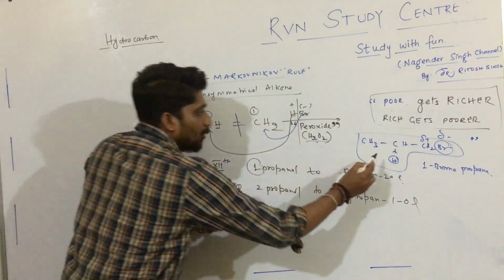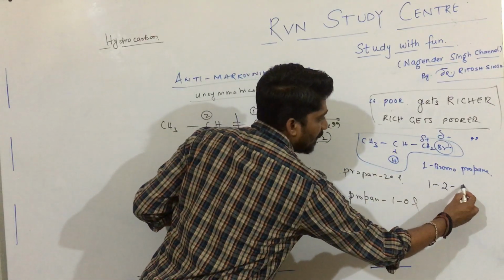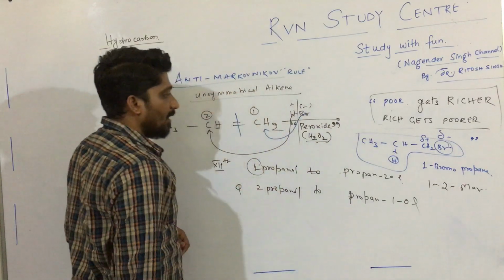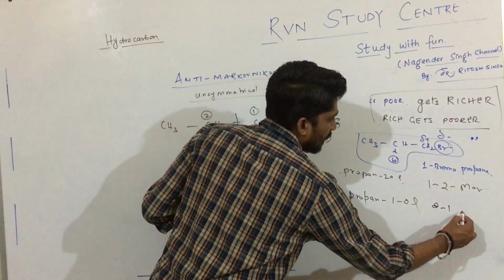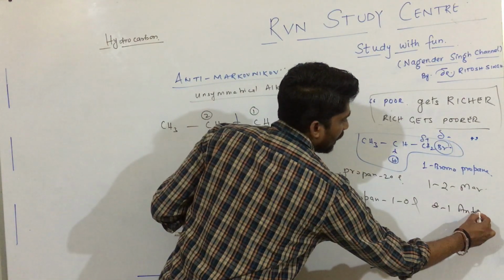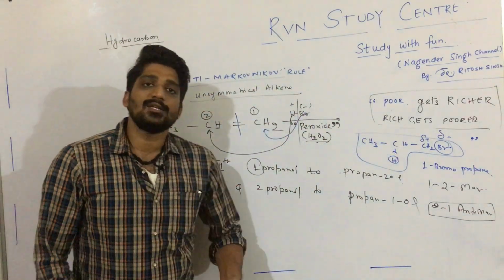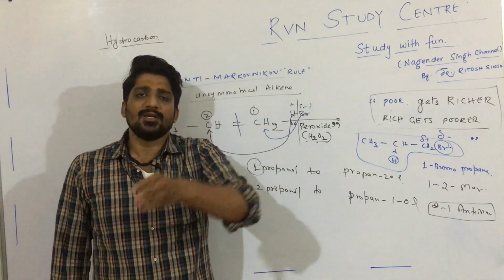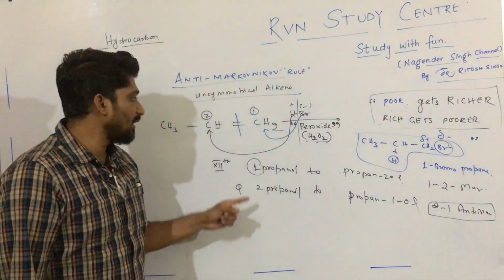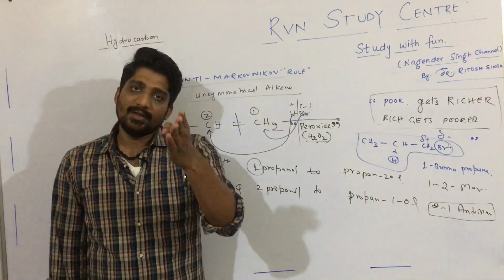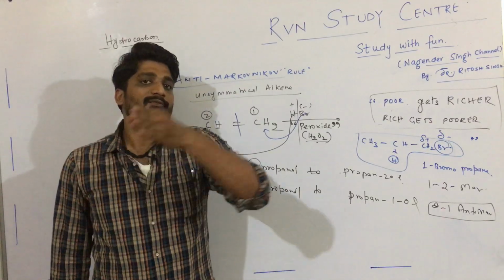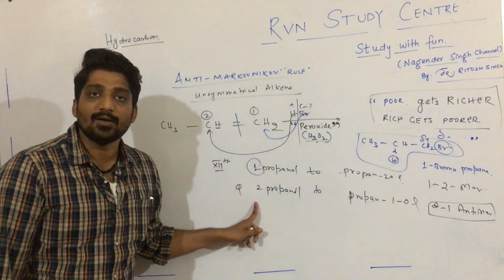Whenever you see 1 to 2, remember, what will it be? Markovnikov. And 2 to 1, what is that? Anti-Markovnikov. So whenever you are asked to convert from the first position to the second position, you will use Markovnikov. Whenever it is second position to the first position, you will use anti-Markovnikov.